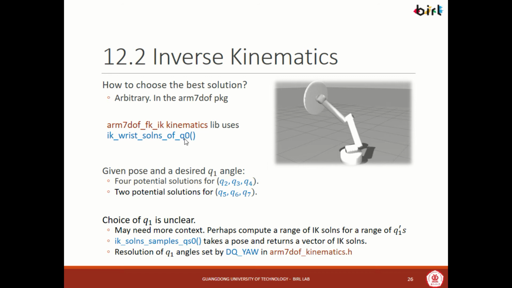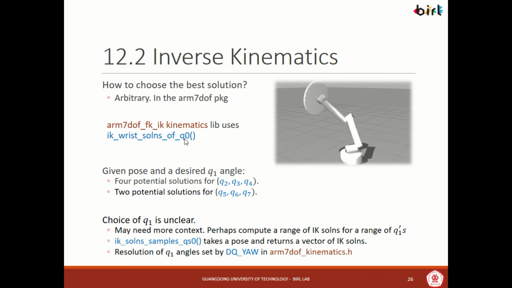So here, this method says, give me a pose, but also give me a desired Q1. What this ends up doing is, you might have 4 potential solutions for these angles, because you fixed the Q1. So Q2, 3, and 4 might give you different solutions, and then at the wrist, at the endpoint, you might have those flipping solutions, 5, 6, and 7. Okay?